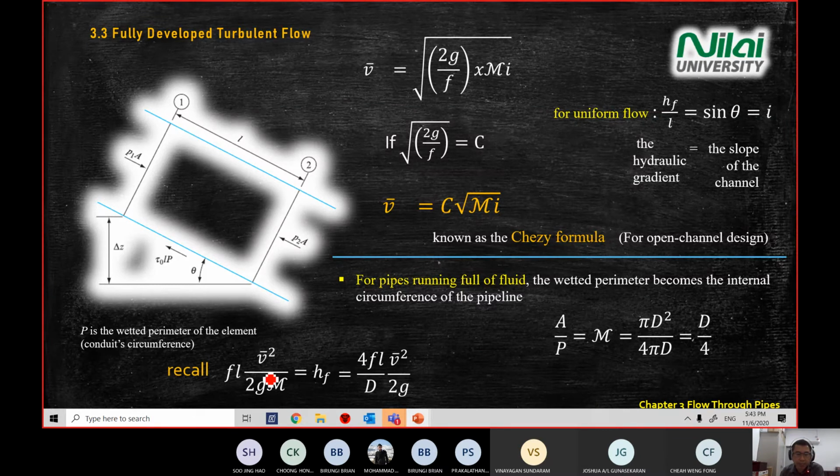And this is just a recall of some information that we can use the Chezy formula.